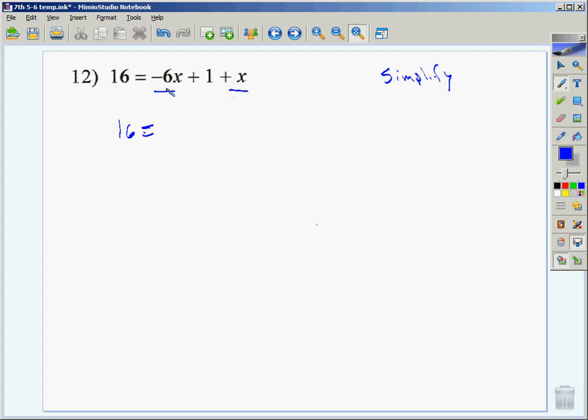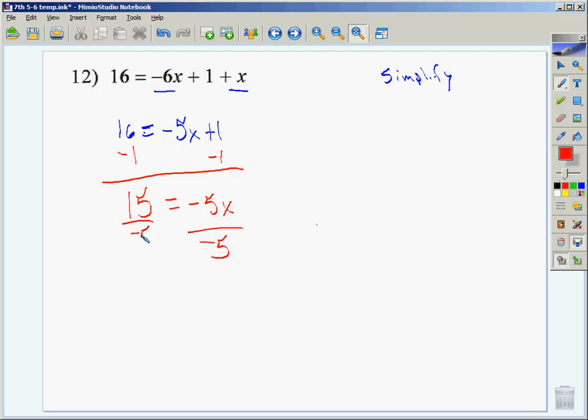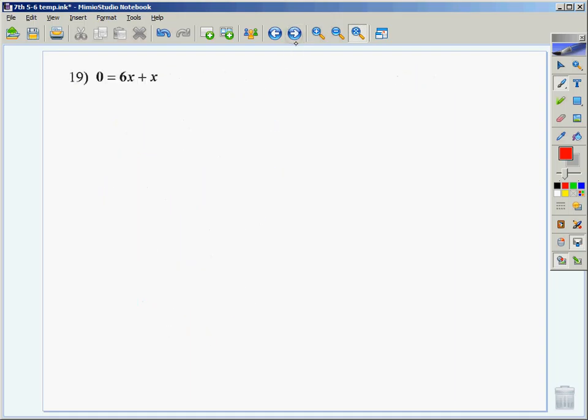So we're really combining a negative 6 and a plus 1, negative 5x, and then plus 1. Getting x by itself, subtract 1 from both sides. I have 15 equals a negative 5x, and divide both sides by a negative 5. And x would be equal to a negative 3.